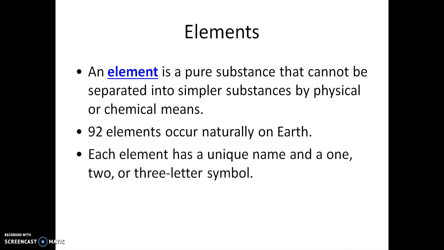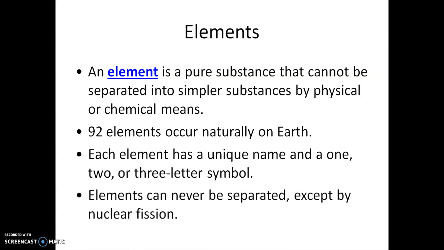Each element has a unique name and a symbol. So like hydrogen is H, copper is Cu, and molybdenum is Mo. Luckily, you'll have lots of time to learn their names and symbols. And then finally, elements can never be separated except for nuclear fission.